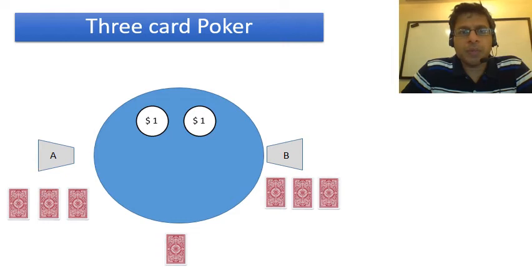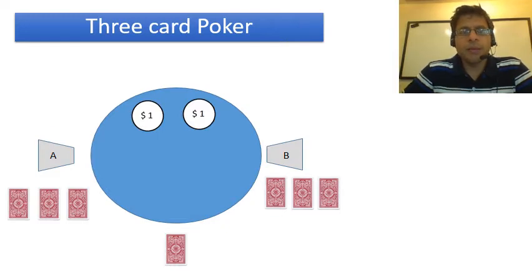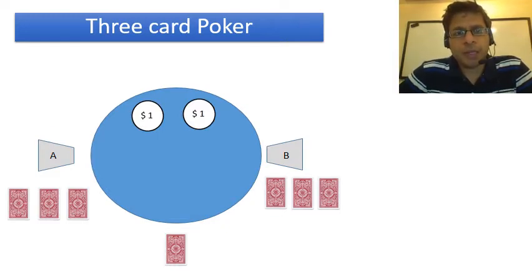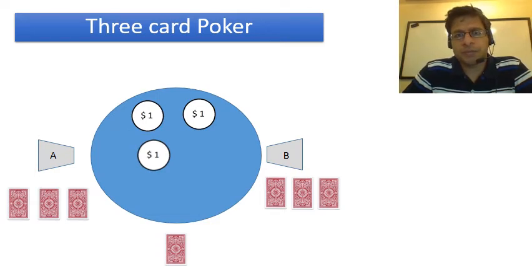For example, player A here whose turn it is to bet may choose to fold, maybe because his card is very small. In that case, the other player wins and gets all the money in the pot. But now let's say player A makes a positive bet, say $1. Now it is player B's turn to make a bet.